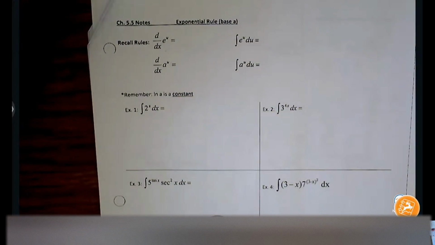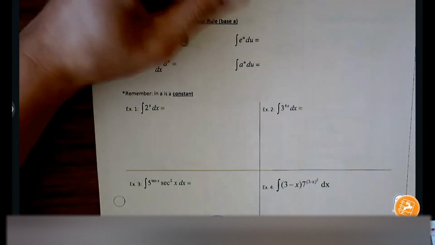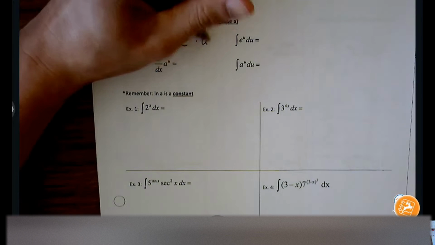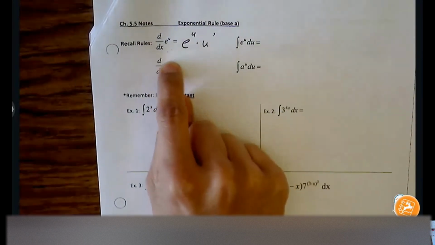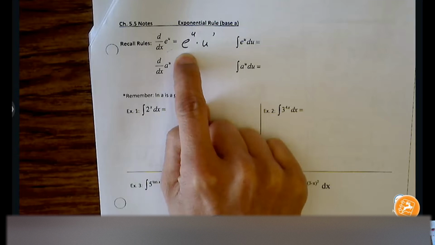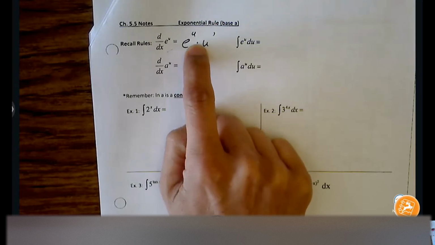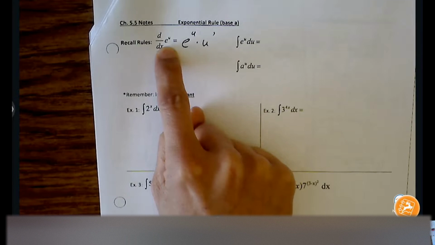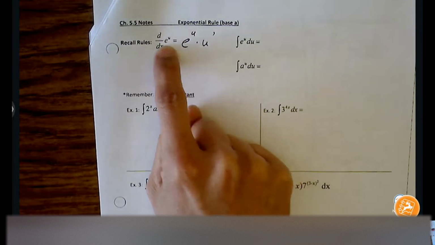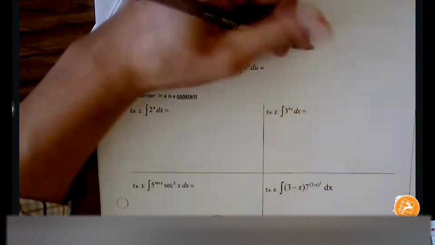And we know that the derivative of e to the u is just e to the u times u prime. And we knew that if the derivative process left our function unchanged for the most part, then the integral process will bring us back without much change either. So that's why the integral of e to the u is also e to the u.